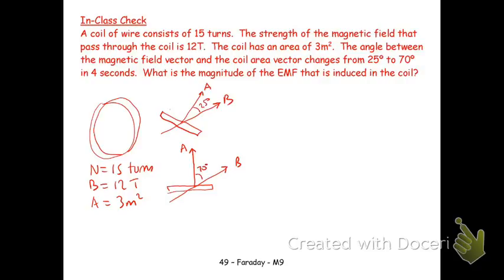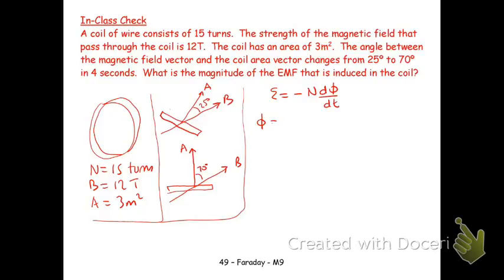So I'm looking down from above. In that second diagram, I'm looking down from above, yeah? And I just twist the coil. And I say my EMF is equal to minus N d phi by dt. And my flux is equal to BA cosine the angle between.